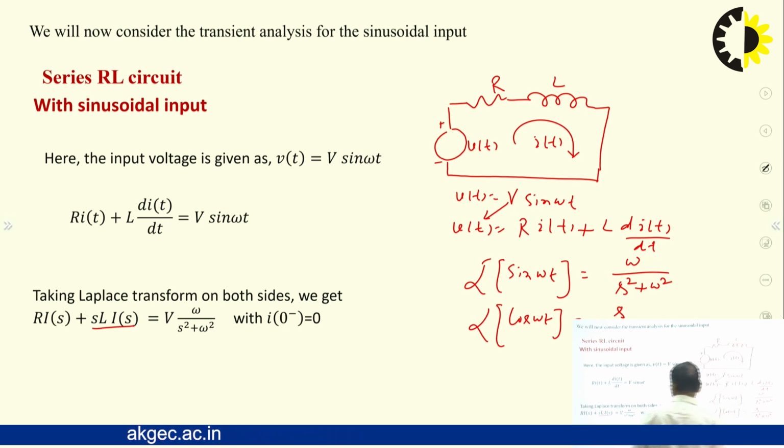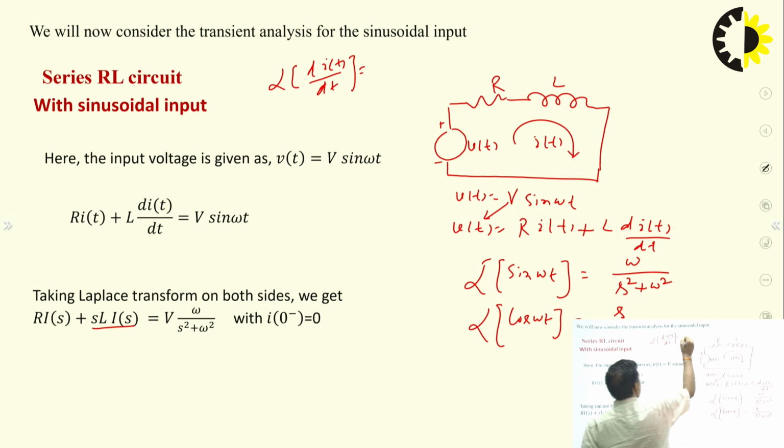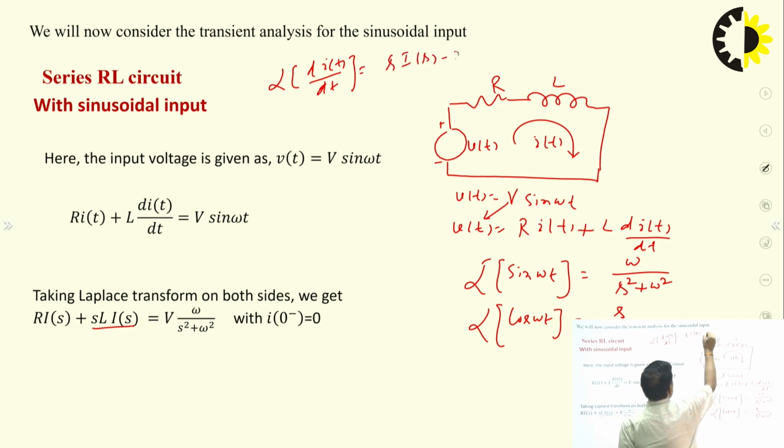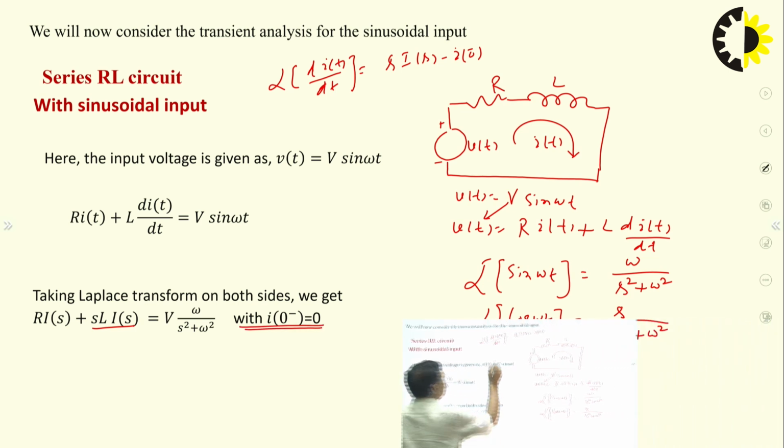Taking the Laplace transform on both sides, we know that the Laplace transform of di(t)/dt is sI(s) minus i(0). Here the initial condition is 0, that is why i(0) is missing.